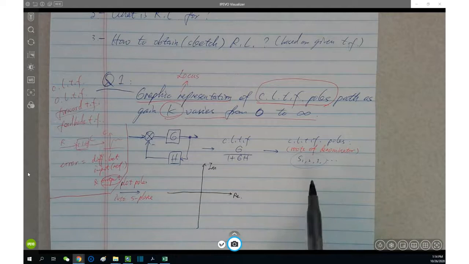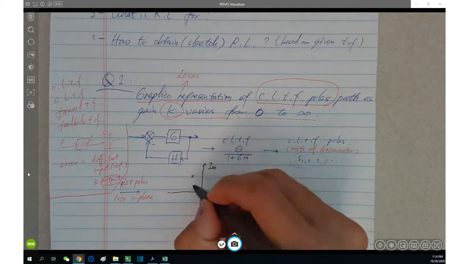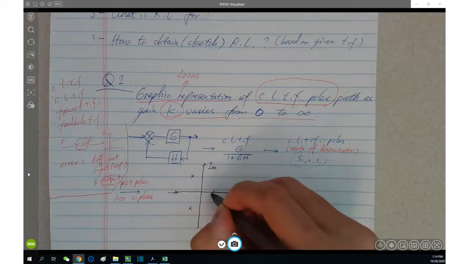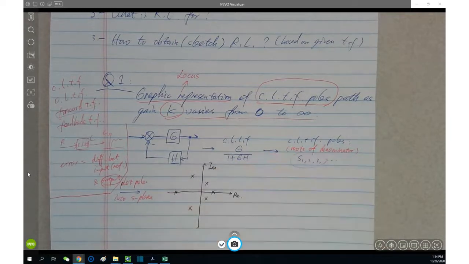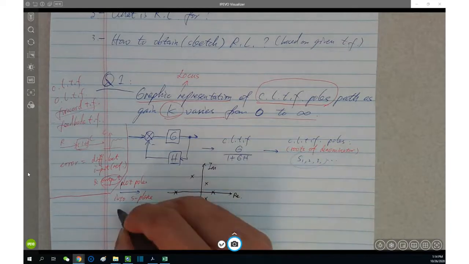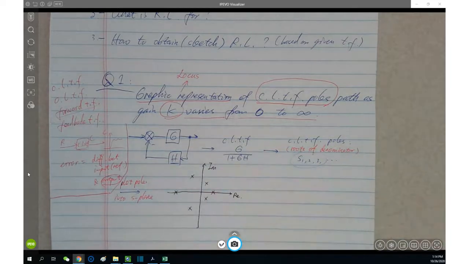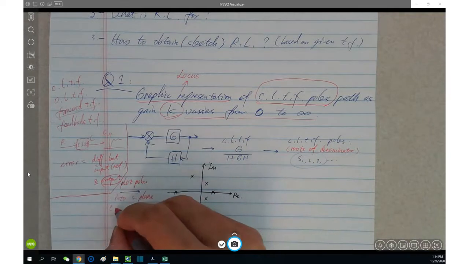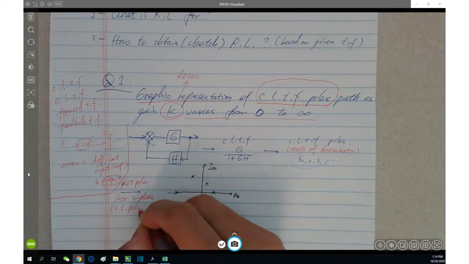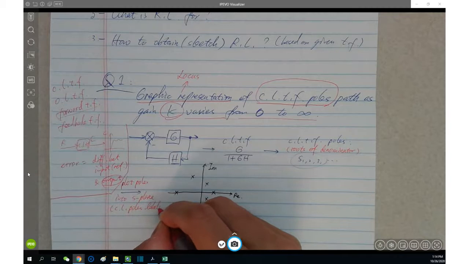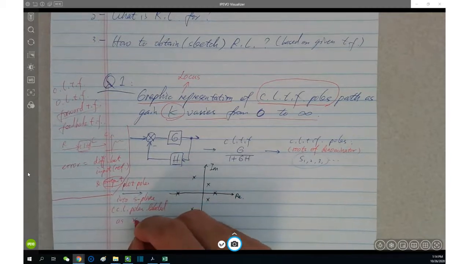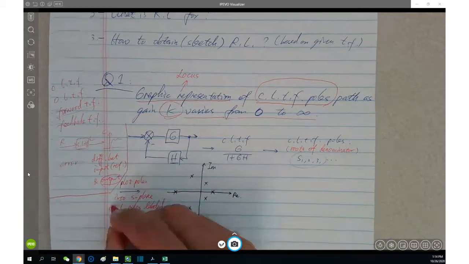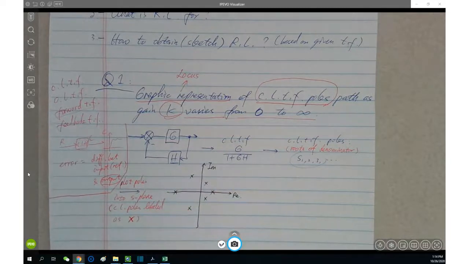So no matter how many you have, there are a limited number of points, right? Here, maybe here, here, maybe here, here, here. They're points, nothing more than that. Of course, remember how to plot them. Actually, your closed loop poles are labeled as a cross in the S-plane.